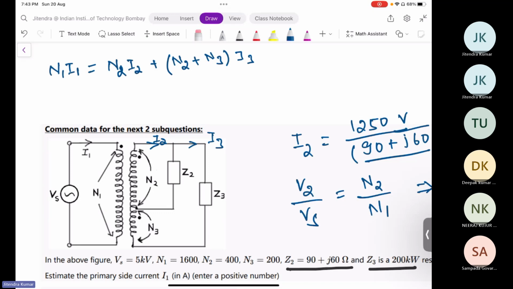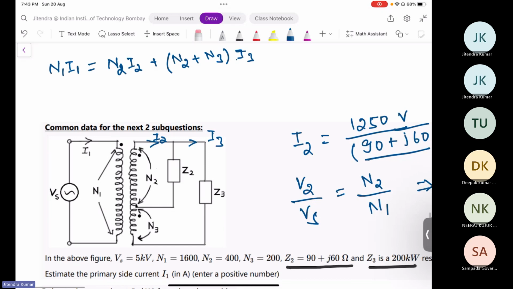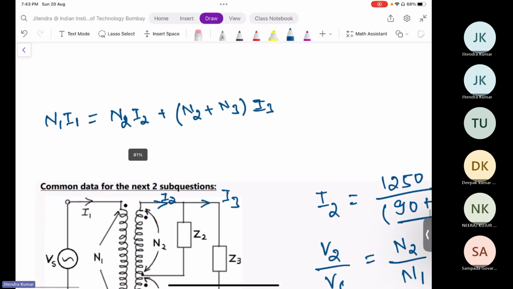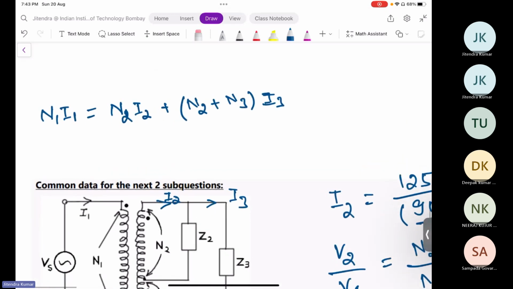Alongside Vs we have only N1 I1, that is the MMF source. The load side is Z2, so with it we have connected N2 and I2. That is one MMF being supplied from N1 I1, and another load is Z3, connected across N2 plus N3, and the current is I3. With this approach, I don't think you will ever make a mistake. So if you now equate, you will get I3.